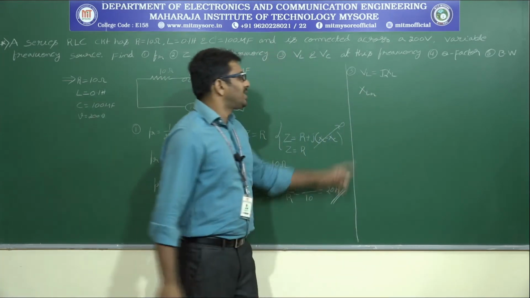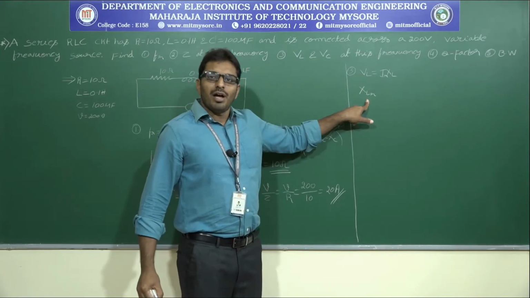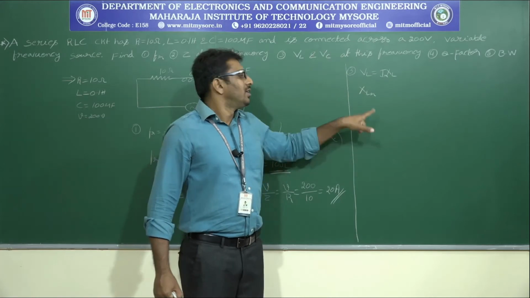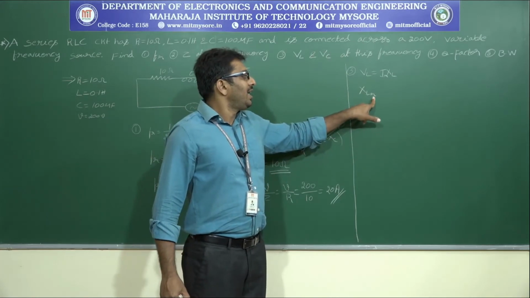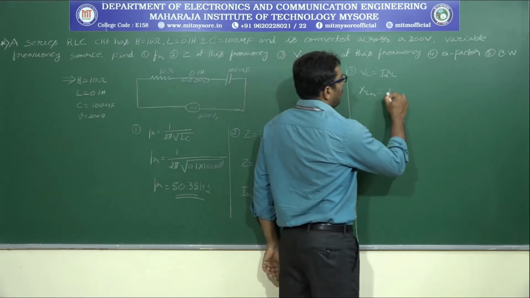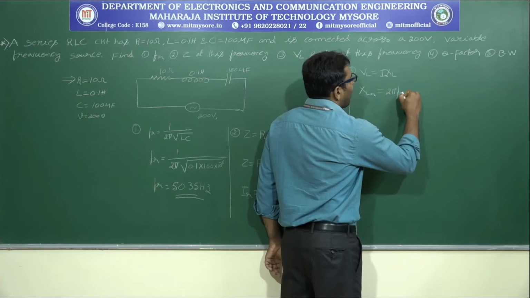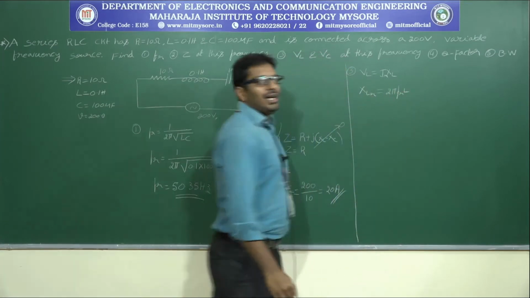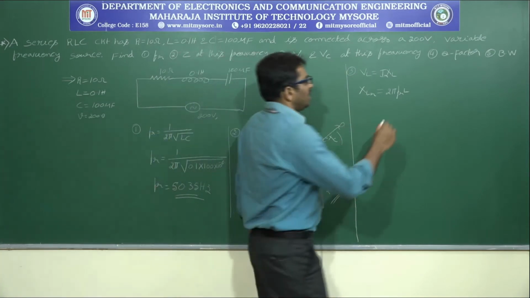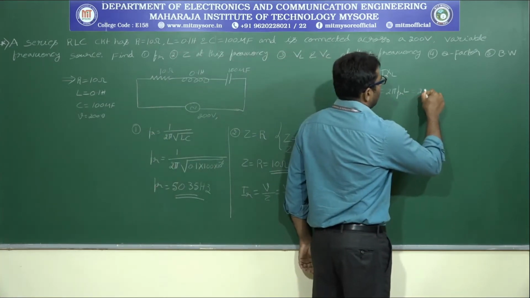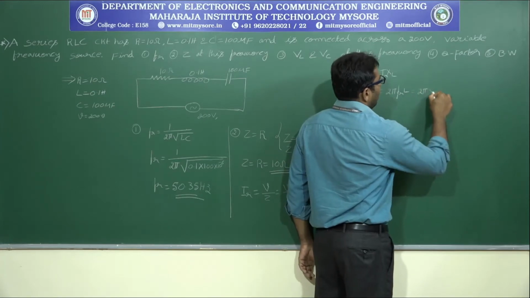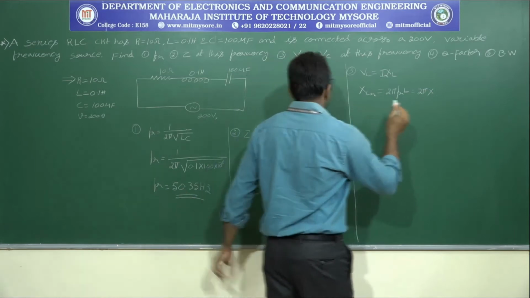Let me represent it as XLR, because I am calculating inductive reactance at resonant frequency. The formula is 2 pi FR L, because I am substituting the resonant frequency value. So substitute the value, 2 into 3.14, or directly we can substitute pi into the resonant frequency value.